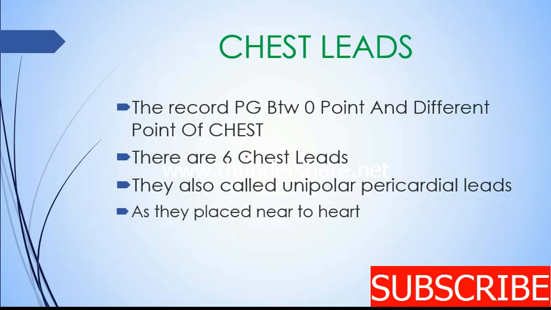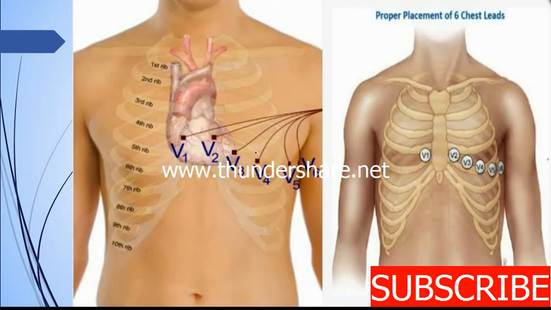We have 6 chest leads: the first 2 are in the 4th intercostal space, V3 is between V4 and V2, V4 is in the 5th intercostal space, and V5 and V6 are also in the 5th, but V5 in the anterior axillary line and V6 in the middle axillary line.